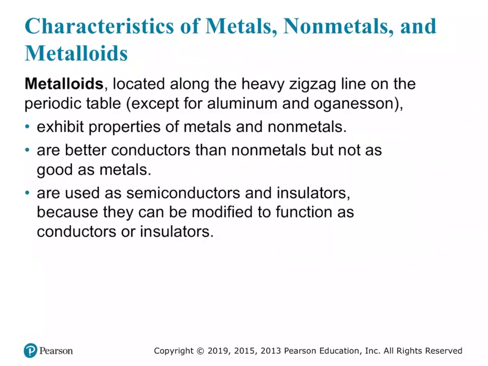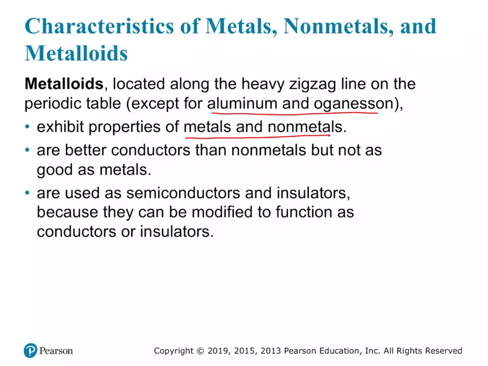So metalloids, again located along that heavy zigzag line that we drew on the periodic table, exhibit properties of both metals and nonmetals. Now, along that diagonal line, we also have aluminum and an element at the very bottom called oganesson. Those are not metalloids. So aluminum is a metal.